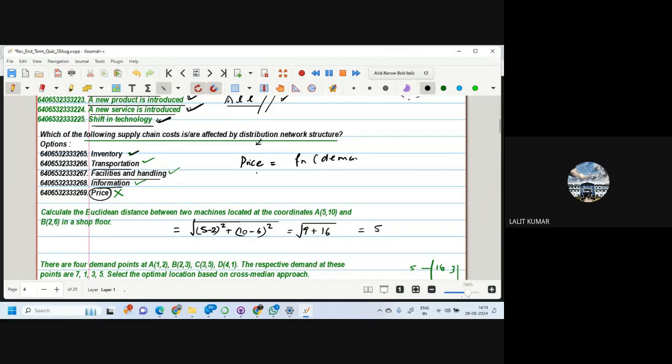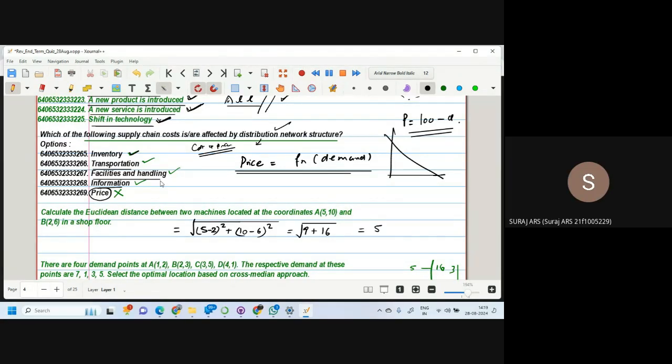Now, many of you can say, okay sir, in the distribution network structure, if your cost increases, then it will affect price. No. Because price always depends on the demand function, and we have seen in managerial economics, if the demand function is something like P equals 100 minus Q, it is not getting affected by the distribution network structure. I hope that is clear. Anyone, any doubt in this?